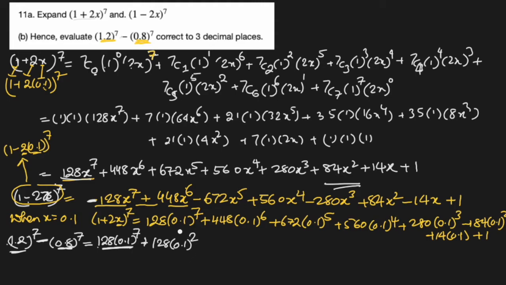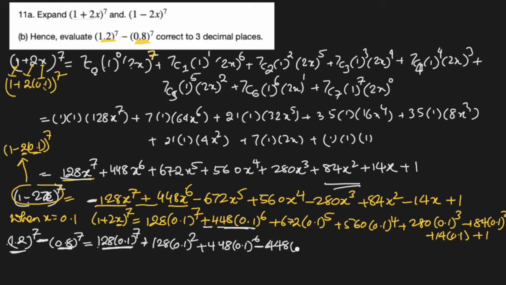However, the second term is 448 times 0.1 to the power 6. In the second one, it is positive. Can you see? Second expansion is positive. But because of the negative in between, it becomes negative.